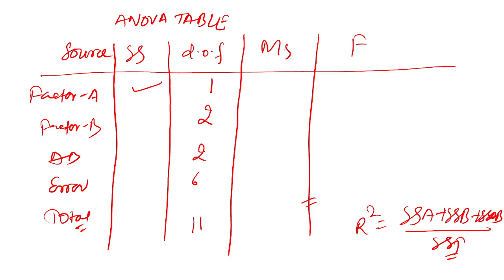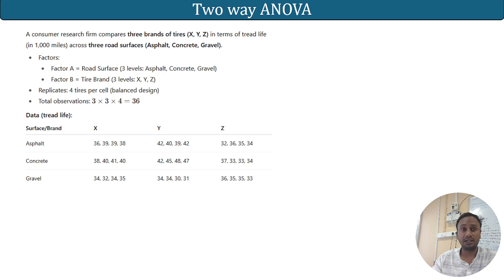Yes, sir. So we'll solve one more problem. The problem says a consumer research group compares three brands of tires, X, Y, Z. So we have factor A. In terms of their lives, three road surfaces, so this is called factor B. It's clear.